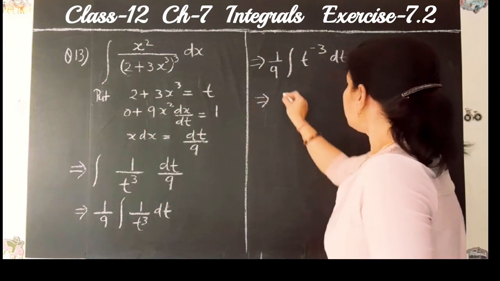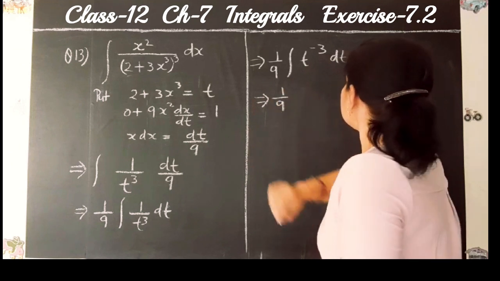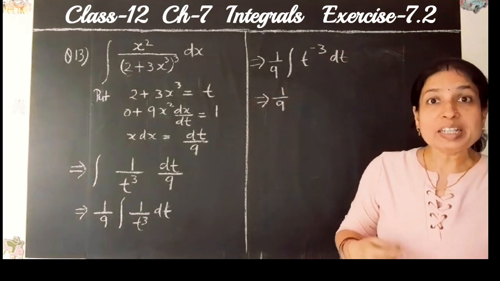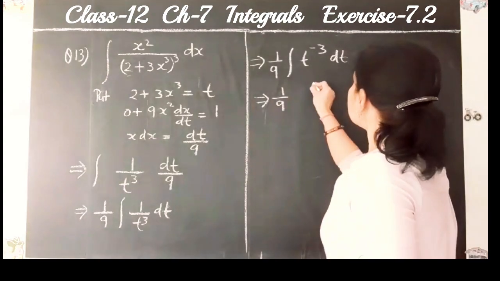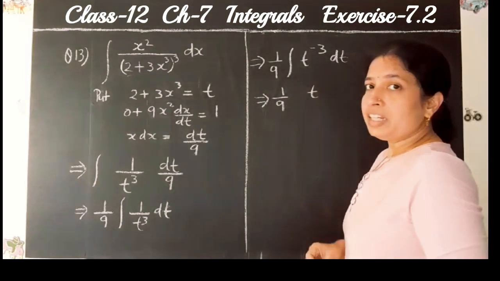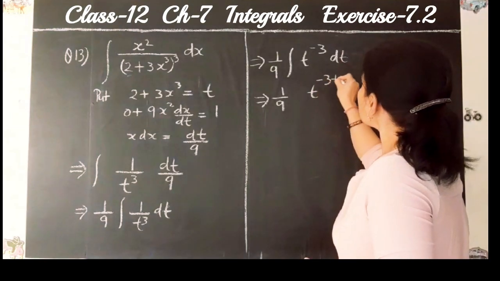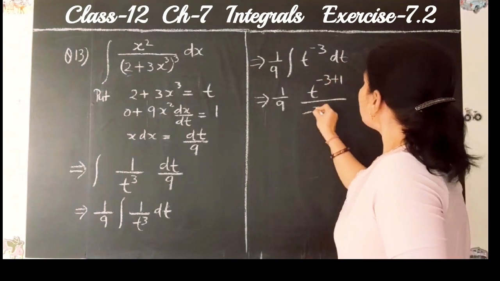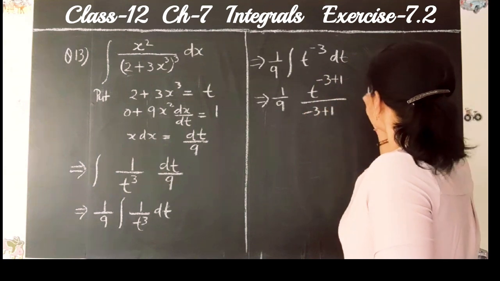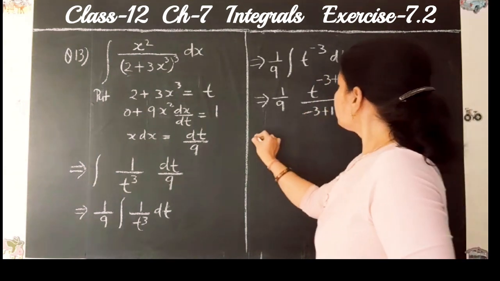Now this one is in standard form. So we can integrate by the formula of integral of x to the power n. So write first t. Here n is minus 3. So write here t to the power minus 3 plus 1 divided by minus 3 plus 1 and a constant c.